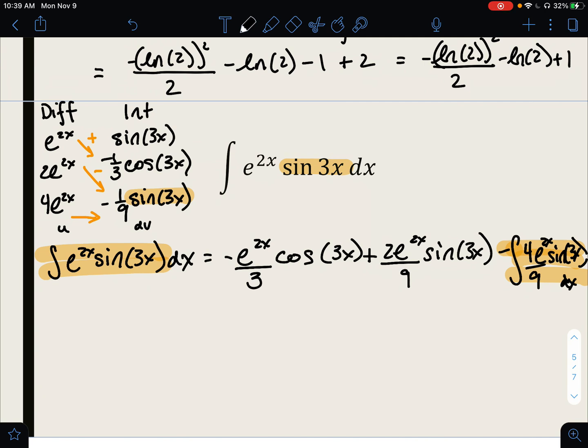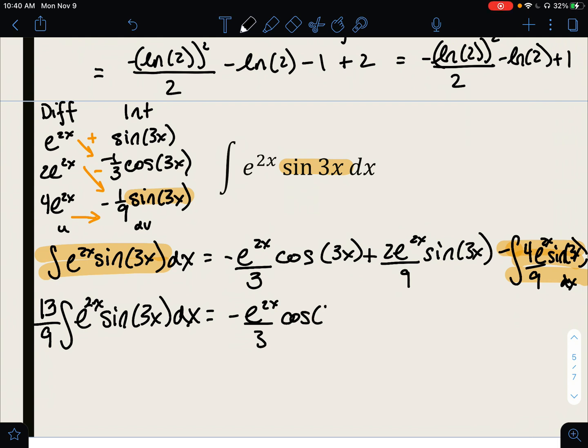And if I do that and I find a common denominator and I add them together, I get 13 over 9 times the integral of e to the 2x sine of 3x. And that is equal to the things that I left on the right-hand side. So plus 2e to the 2x over 9 sine of 3x. Let's add a plus c so we don't forget.